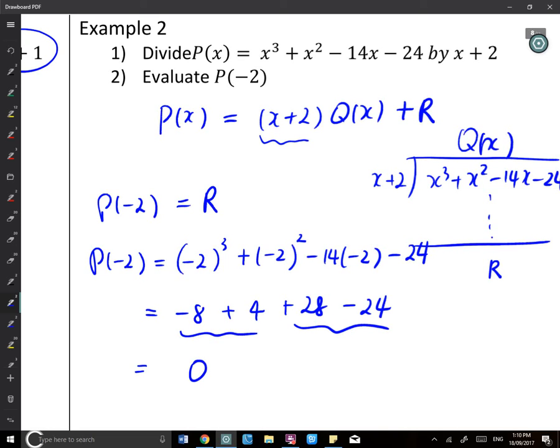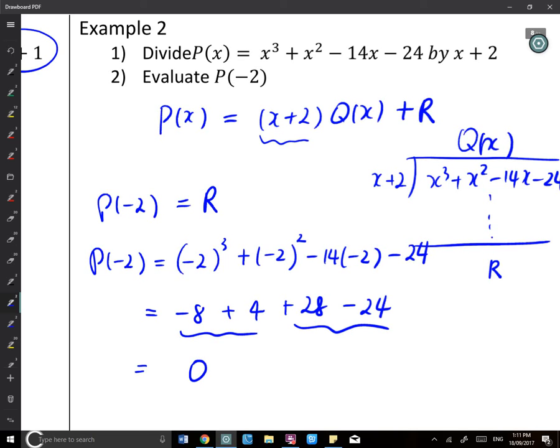Just basic calculations, I sub negative 2 in. Why do I substitute negative 2? I will get the remainder. If I substitute a number that makes the thing you divide by become 0, then you will have the remainder. But what we have is a remainder of 0. There's no remainder here.